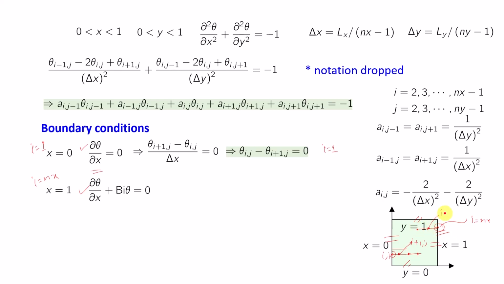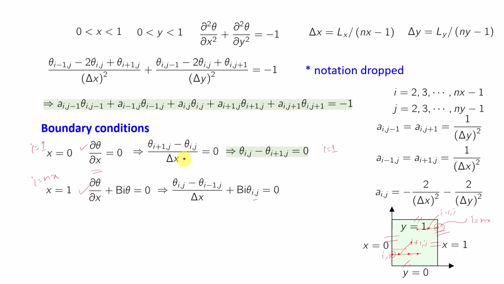So I have i minus 1 j, i minus 2 j, etc. Once again, the simplest way to write del theta del x here is theta ij, that means at the boundary, minus theta i minus 1 j, that means inside the domain. This is a backward difference, plus Bi times theta ij, that means at the boundary, equals 0.